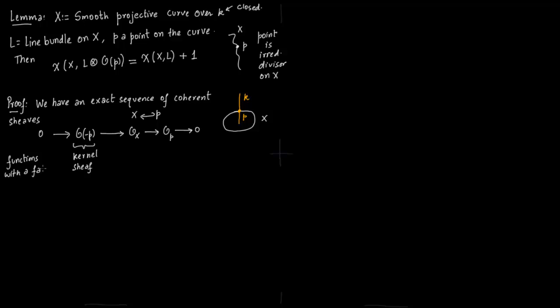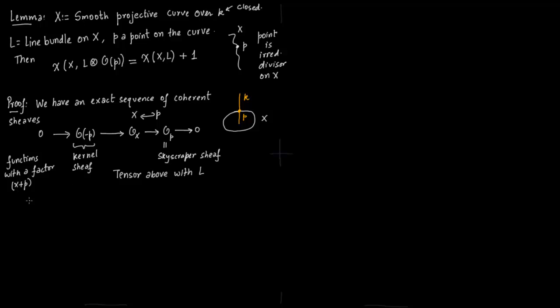So again, O_X to O_P is nothing but an evaluation map. You should think of the stalk O_{X,P}, then modulo out with the maximal ideal M_P. It's some sort of evaluation there. This is the skyscraper sheaf. So you take the stalk there and then you modulo out the maximal ideal M_P.